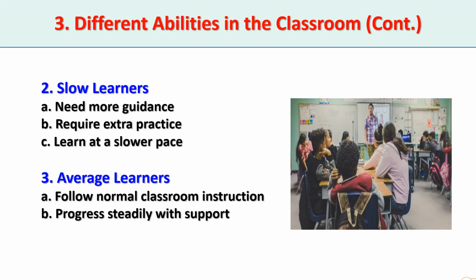Another thing is the task you give to the students: you have to separate different types for the slow learners and the fast learners. For example, the fast learners will write a full sentence or full paragraph, but you can ask the slow learners to write one clear sentence, and then it can become scaffolding work.